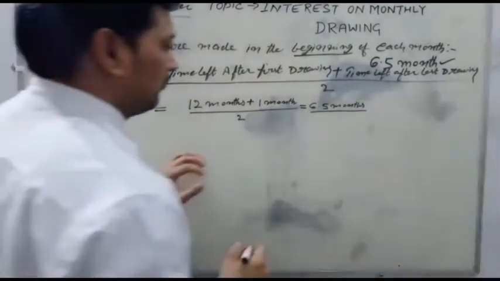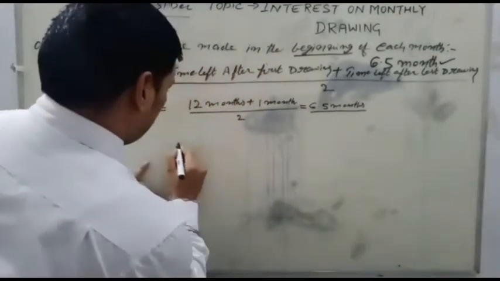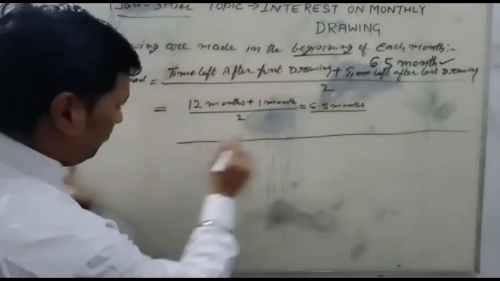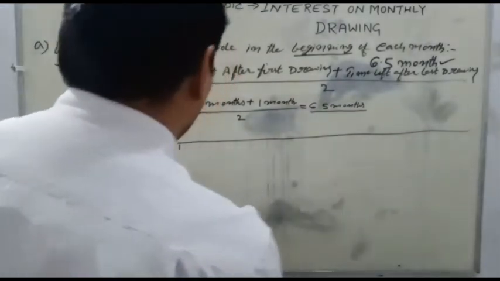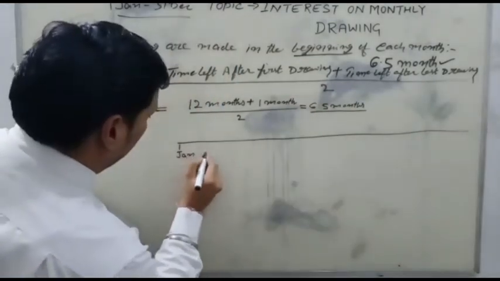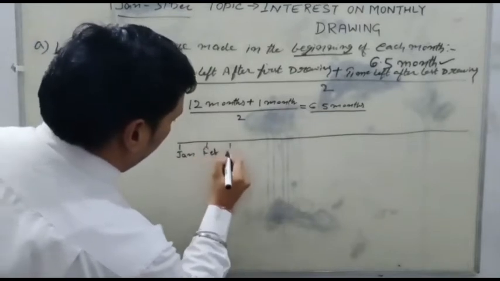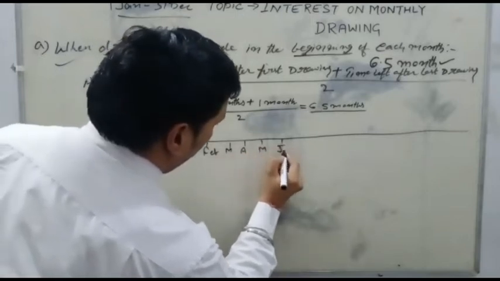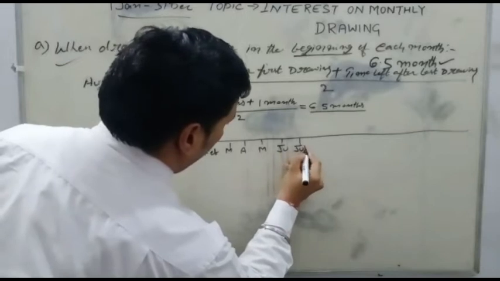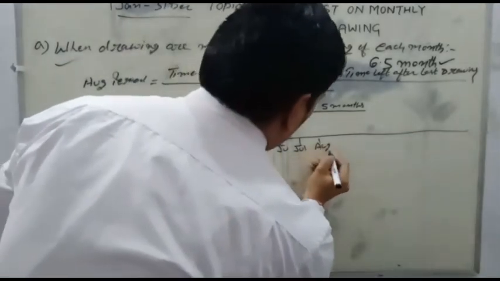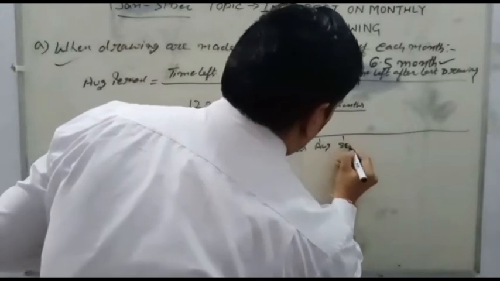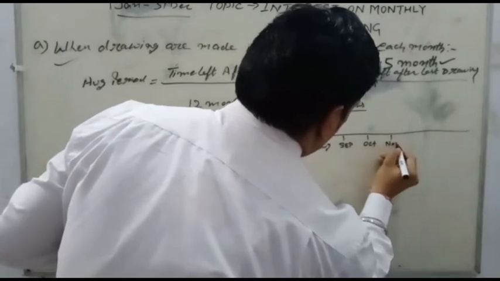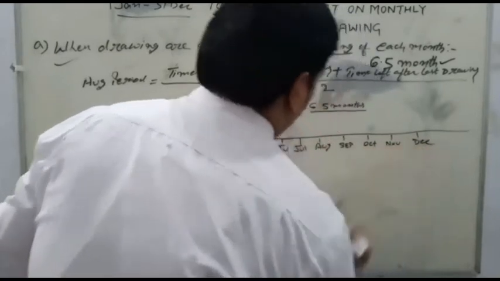Understood this? Okay, see one more example for more explanation. See it is a year and the months are Jan, Feb, March, April, May, June, July, August, September, October, November and December.